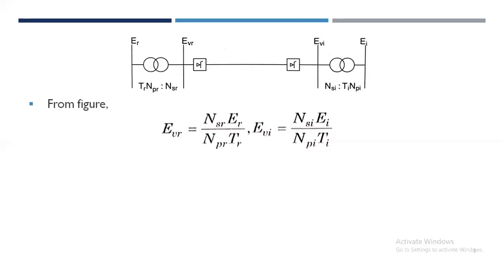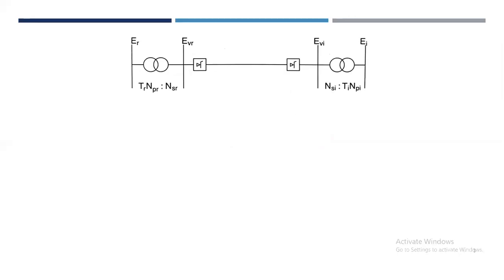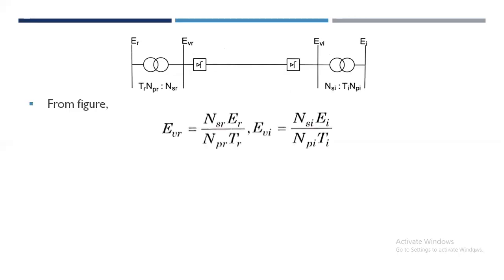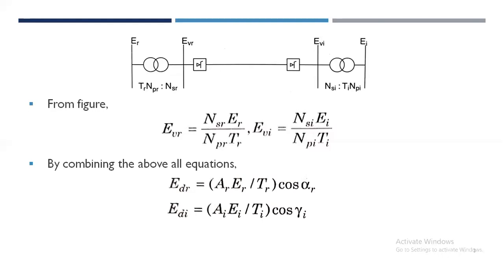By combining these two equations and this equation, we can get the value of EDR is equal to AR ER divided by TR cos alpha R, and EDI is equal to AI EI divided by TI cos of gamma I, where AI and AR are constants.